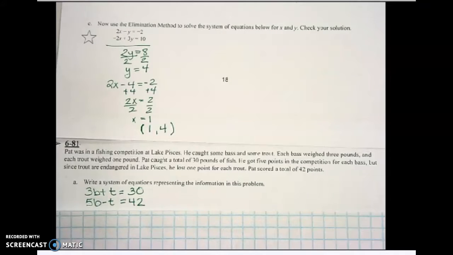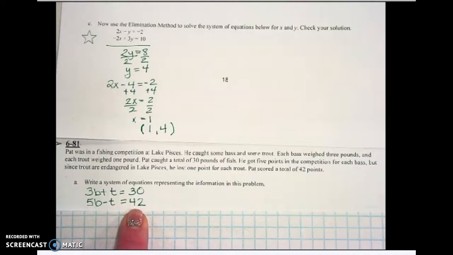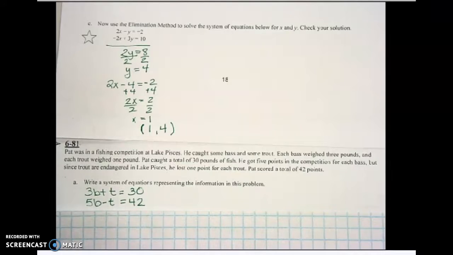All right? The second equation has to do with the points that he earns for each fish. So he gets 5 points for bass, but on trout, what happens? He loses points. So I'm going to say minus 1t for each trout, and he gets a total of 42 points. So these are our two equations.